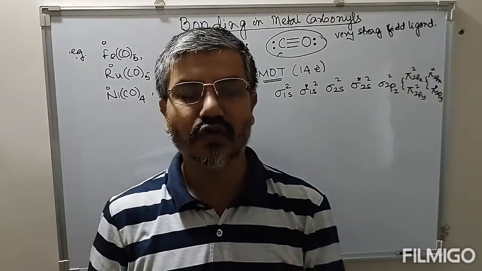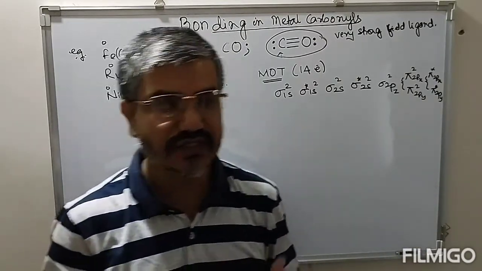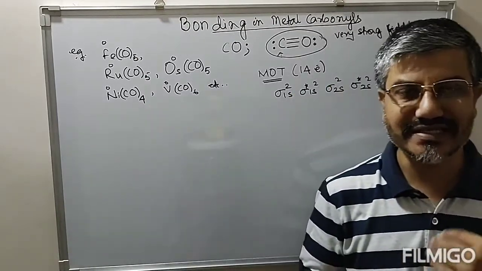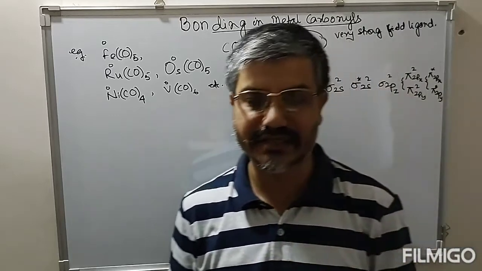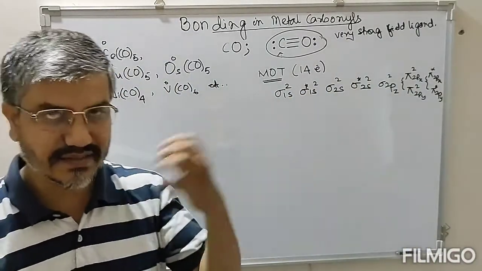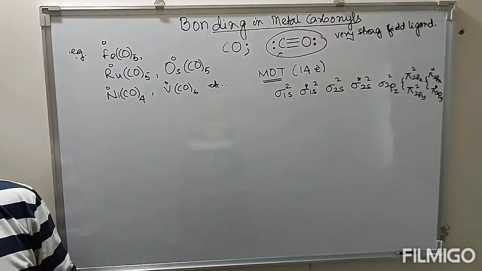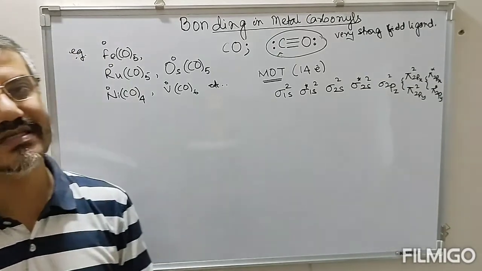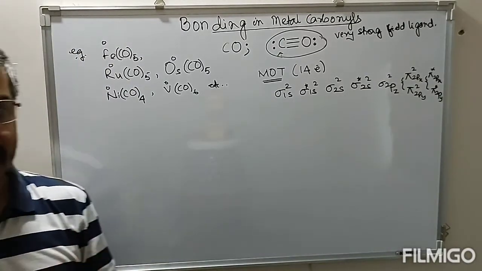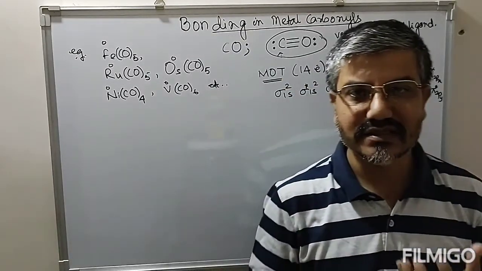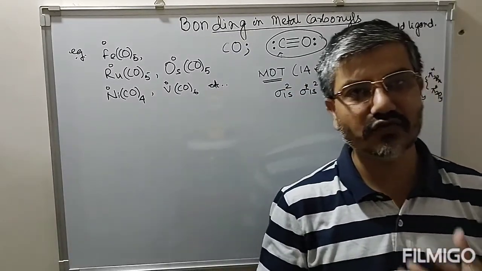When the ligand donates a pair of electrons to the central atom, it shows basic character, that is, it is a Lewis base, whereas the metal atom accepting the pair of electrons acts as a Lewis acid.